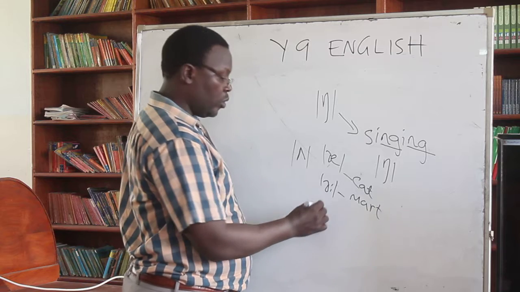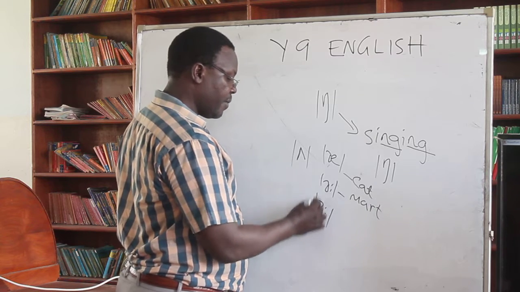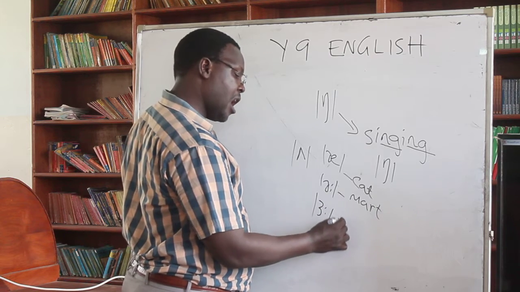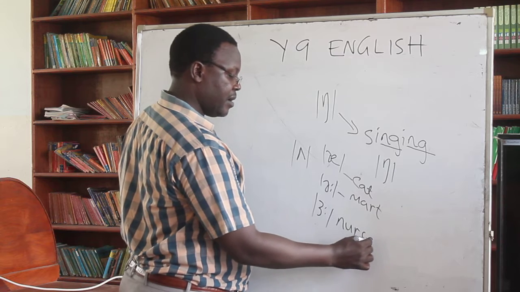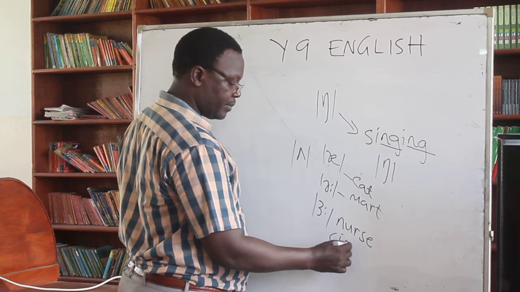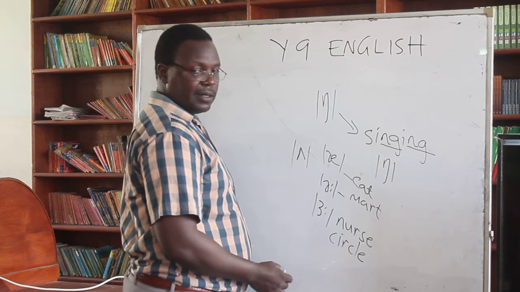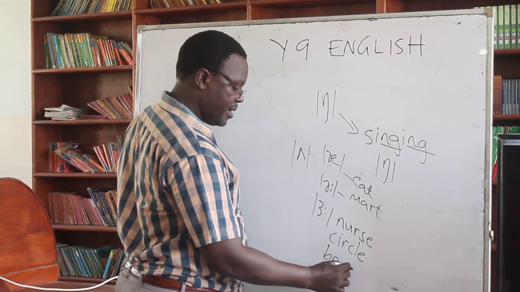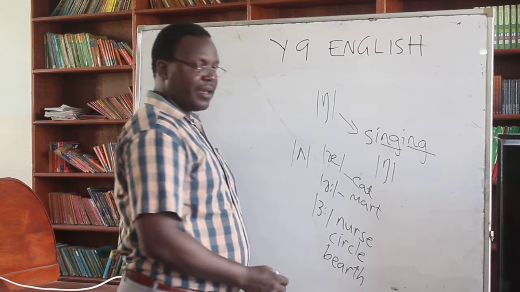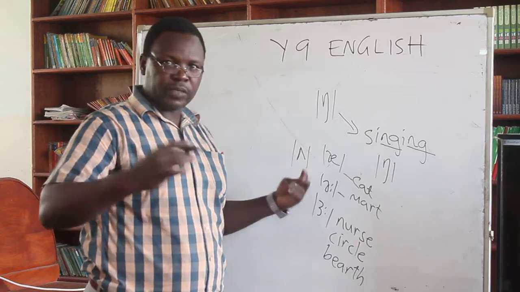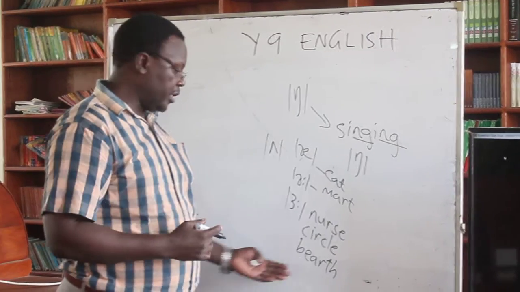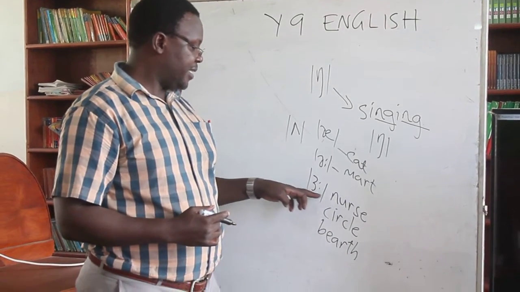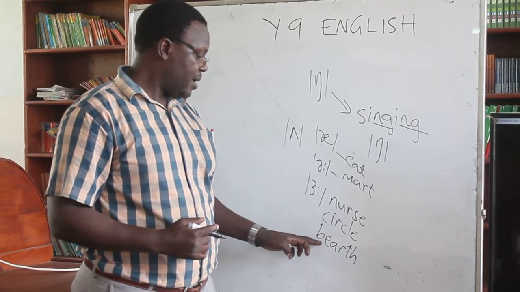We have also this one for nurse, even circle, even bath. Bath for the length. That is nurse, circle, bath.